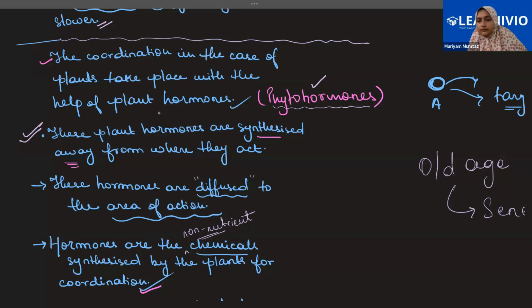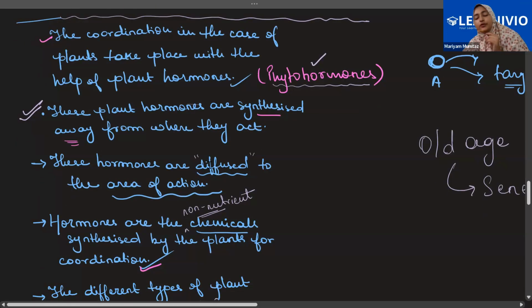Ma'am, in the human hormones, the neurons in the brain and all, right? Yeah, we did it. Meaning the endocrine glands. That is done. Yes, ma'am.